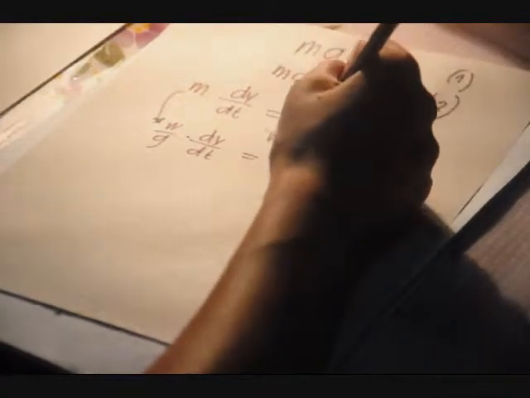So this equation will now become W over g times dv over dt is equal to W minus kv raised to n. So we will now divide both sides by W over g.